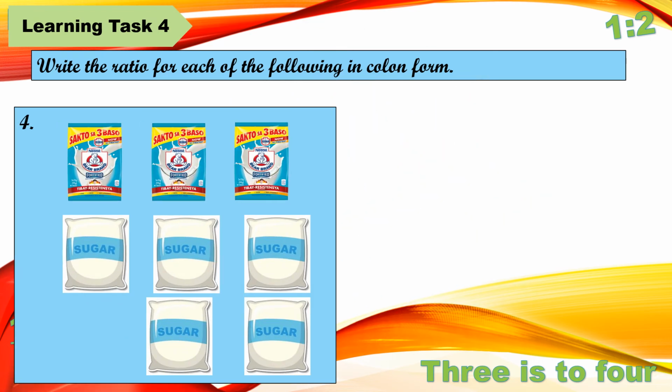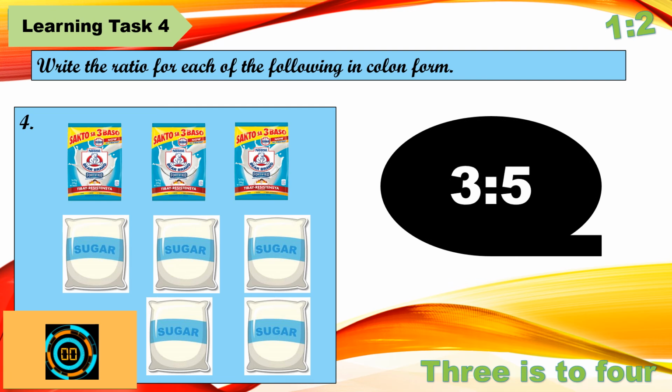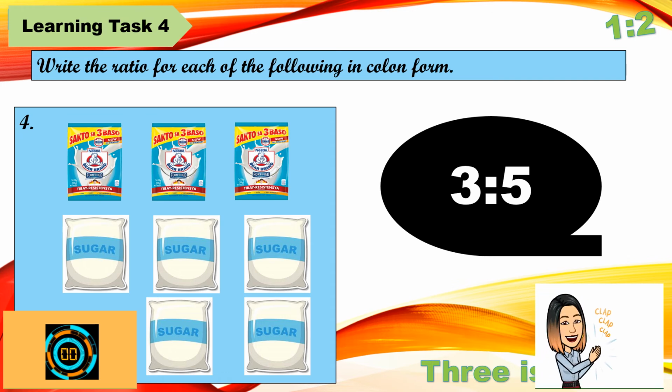Number 4, what is the ratio of milk to sugar? Timer starts now. So the answer is 3:5. So who got the correct answer? Okay, let us view the graph.